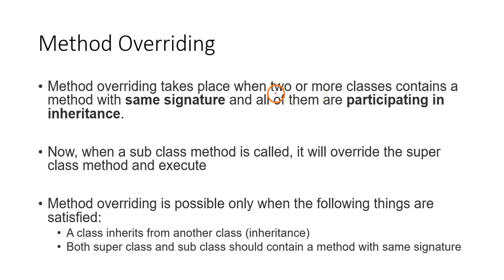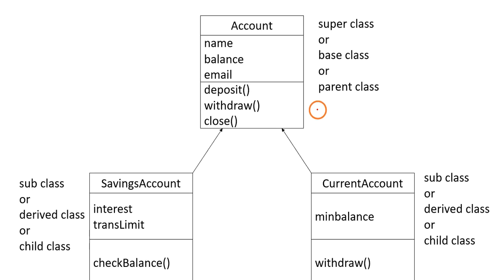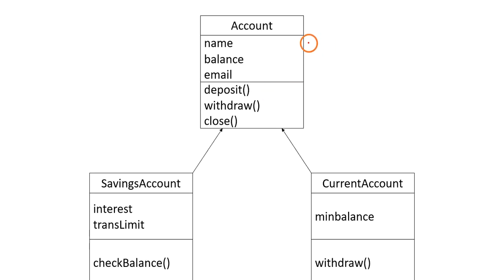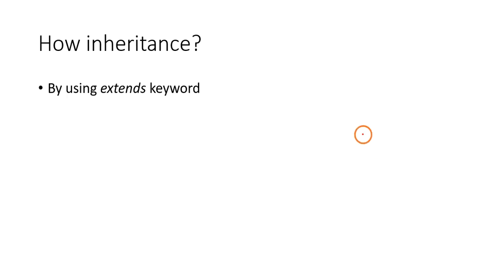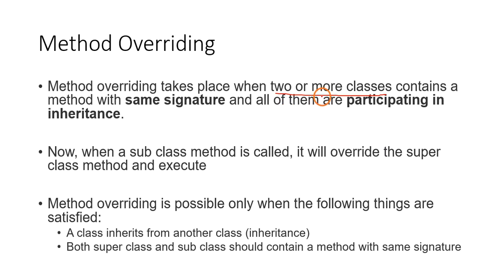In inheritance you will have two or more classes. For example, here you have three classes. Similarly, whatever inheritance you use, you will have two or more classes in the hierarchy. If you have a method with the same signature in these classes, then we can say there is method overriding.